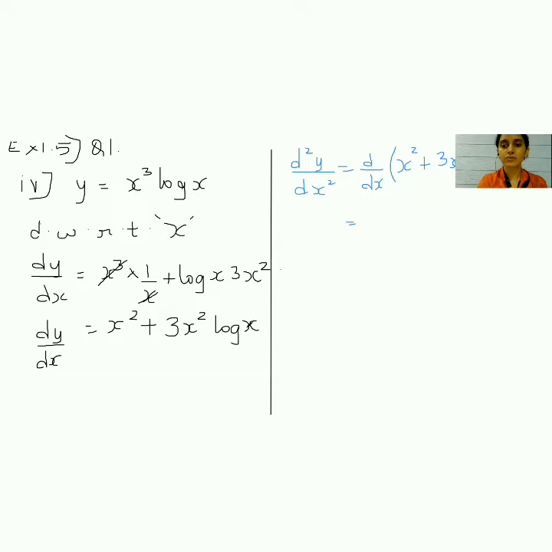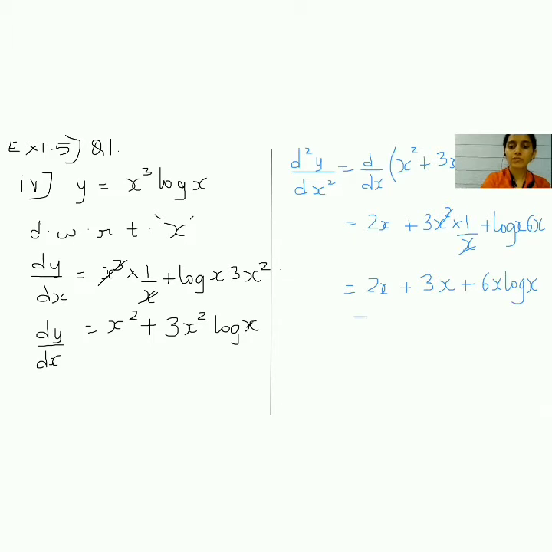So d by dx of x square is 2x plus first term as it is, derivative of the second, right, plus second term as it is, log x, derivative of the first will be 6x. Okay, so what will we get? 2x plus 3x plus 6x log x.